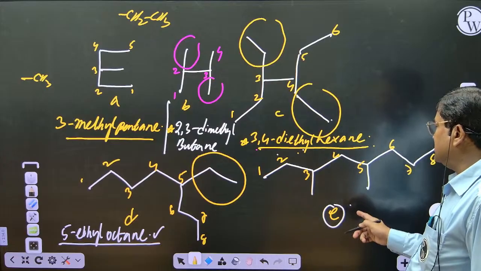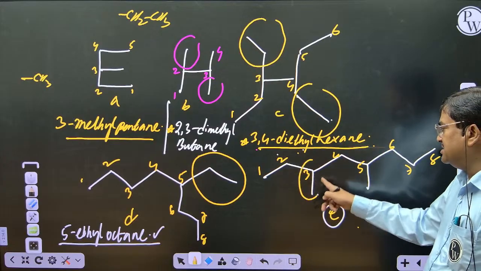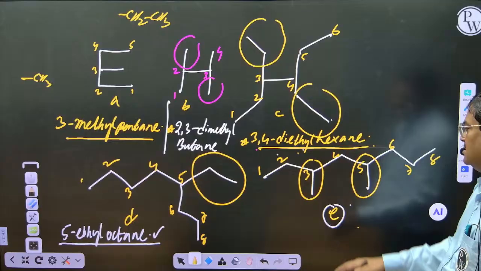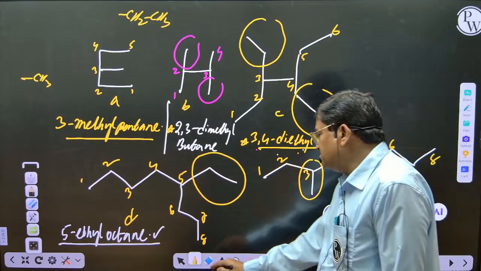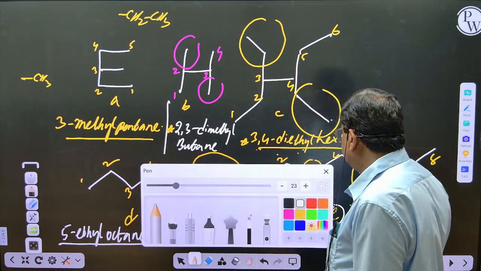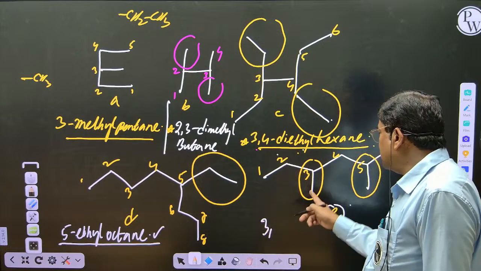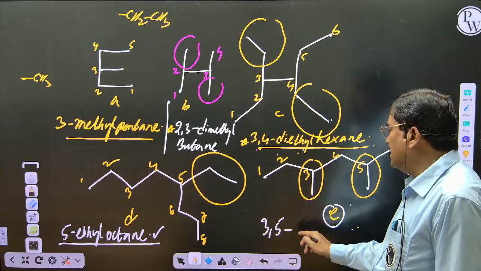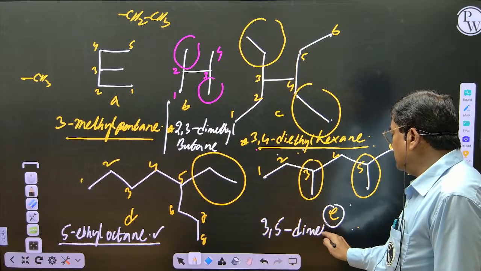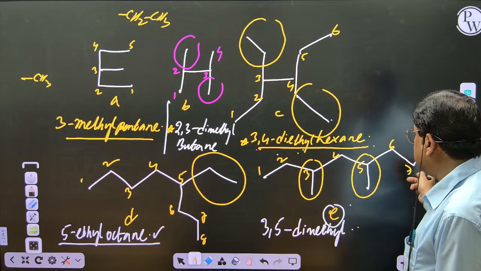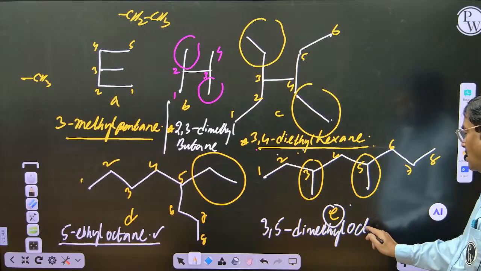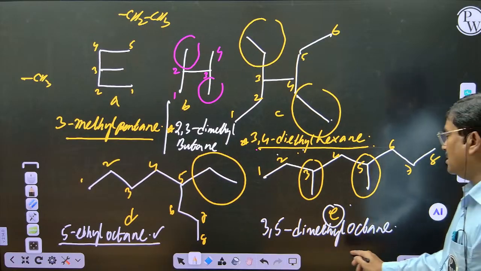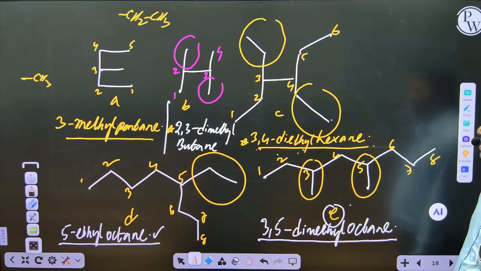Now tell me where the substituent is present. It is present at the third carbon and the fifth carbon. Then what is the position mentioned? 3, 5. What is this group, students? Methyl. Dimethyl. As it is 8 carbons, we call it octane. 3,5-dimethyl octane.